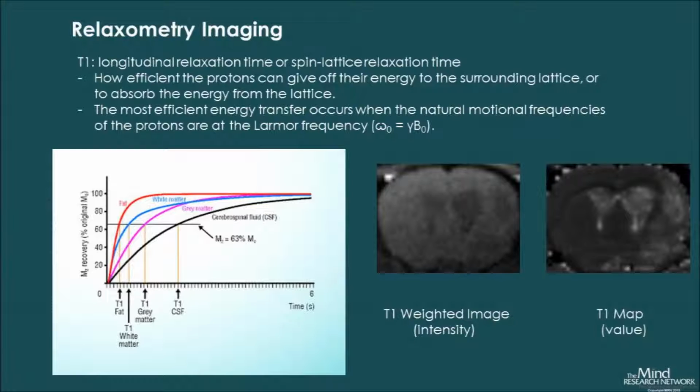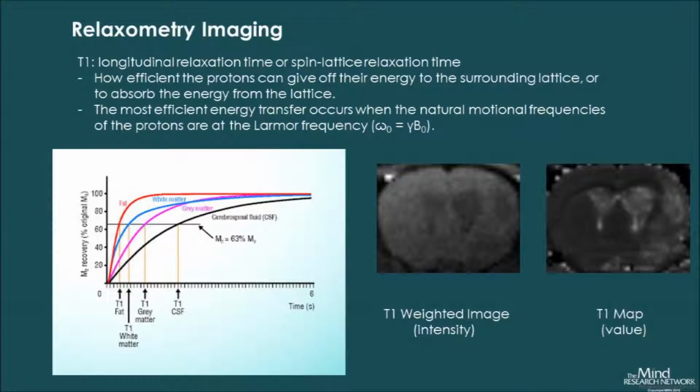It deals with how efficiently the protons can give off their energy to the surrounding lattice or absorb energy from the lattice. Usually the most efficient energy transfer occurs at the natural motional frequency of the proton, the Larmor frequency. So here is the T1 recovery curve in the brain.